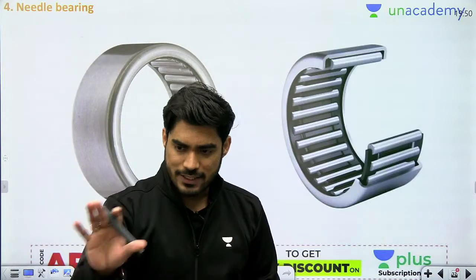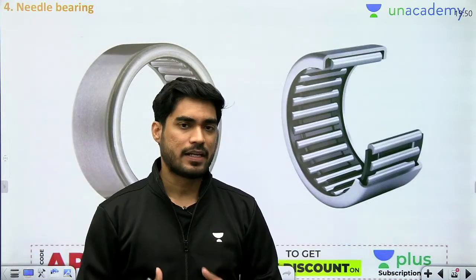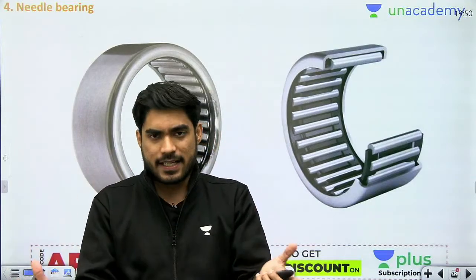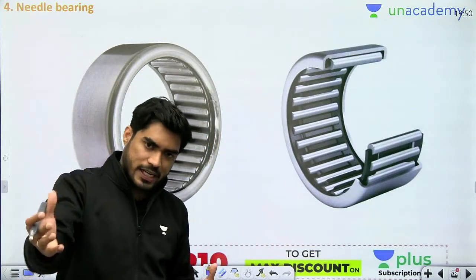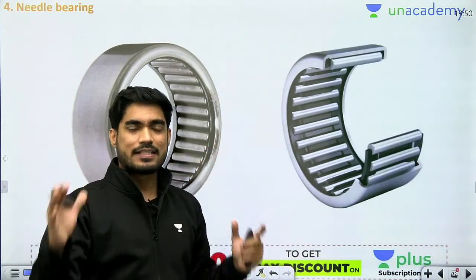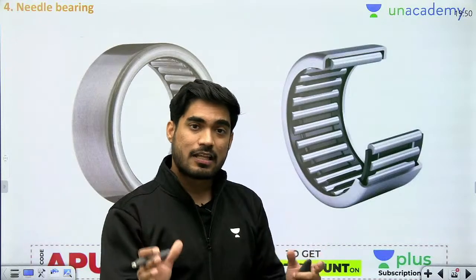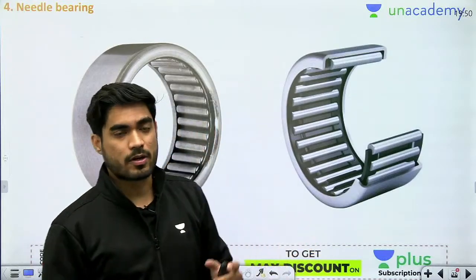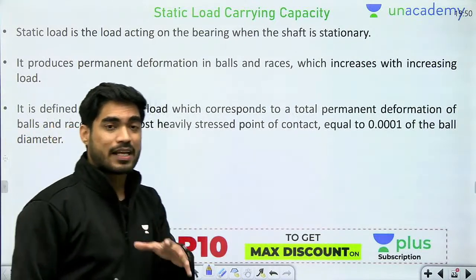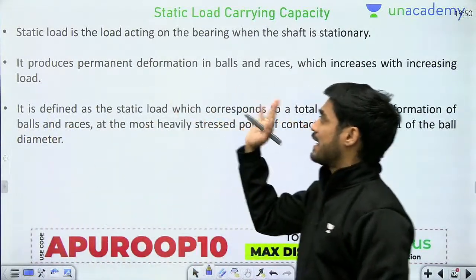This will be the bearing suitable for my application, this will be the bearing suitable for my application. So based on which parameters can I choose whether this bearing is suitable or not. We will only focus on the parameters based on which we choose. The first parameter based on which we are going to choose our bearing is static load carrying capacity.